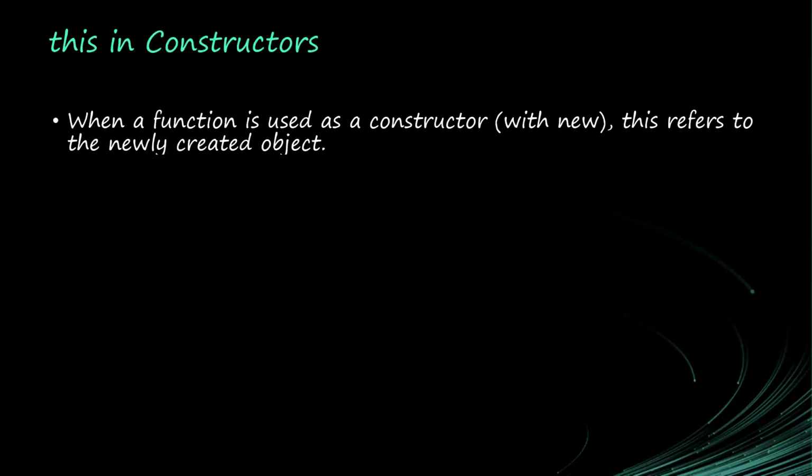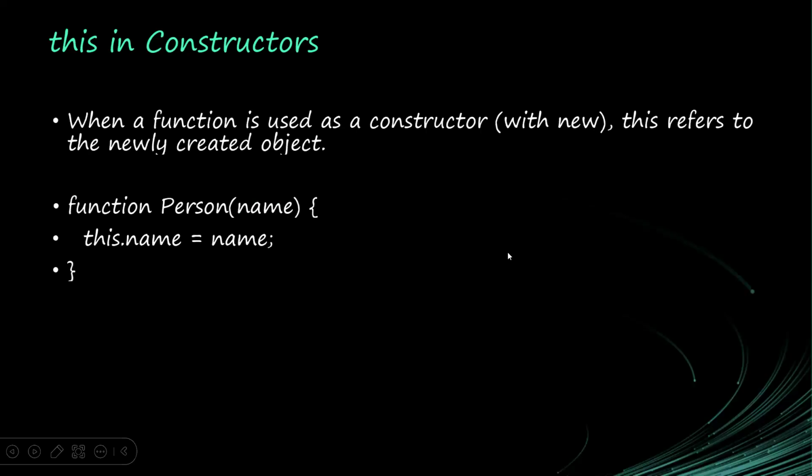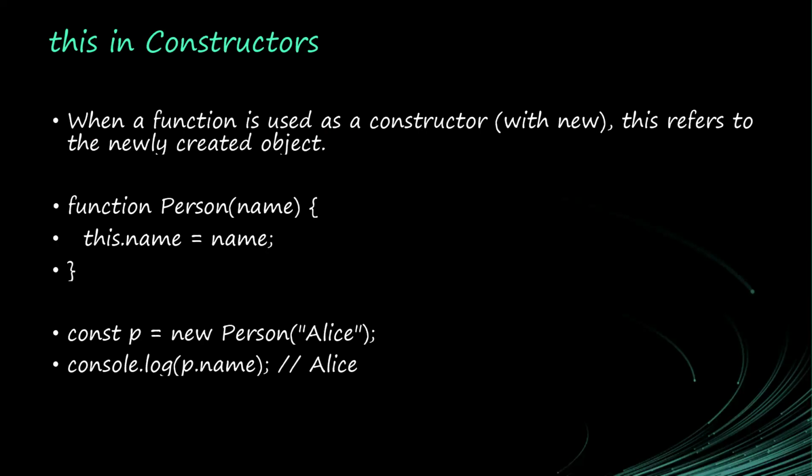The this in constructors has to do with classes, but we also have something we call the constructor function. Since I don't think I have talked about it in this program, I will skip it. But when a function is used as a constructor, the this refers to the newly created object. So in this case, this is a function constructor, and we use this function constructor to create an object.